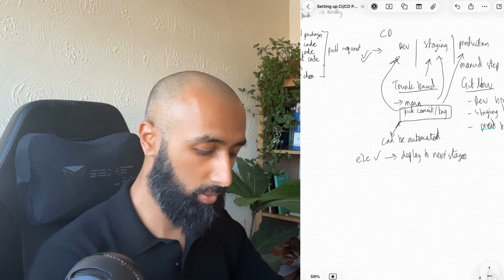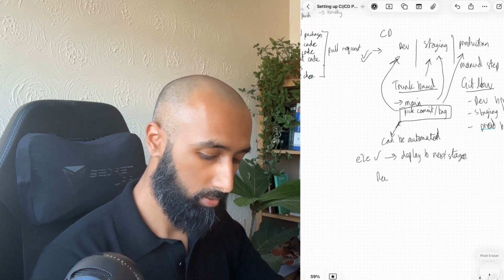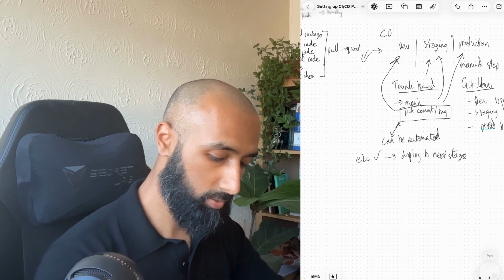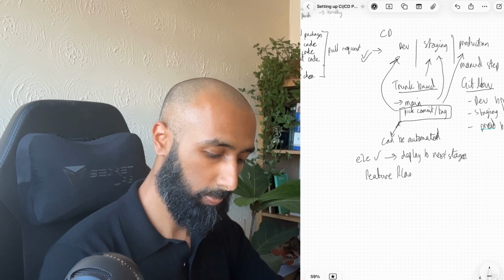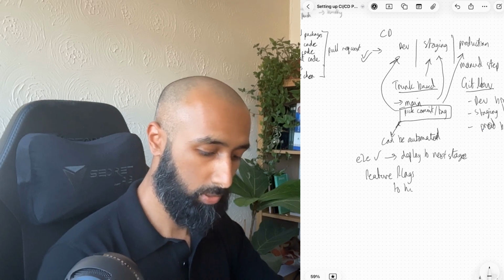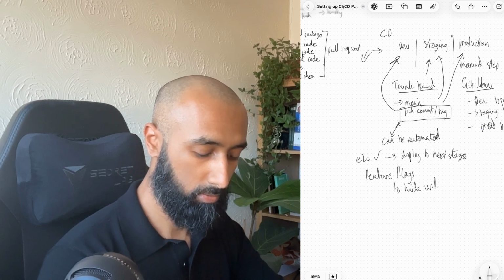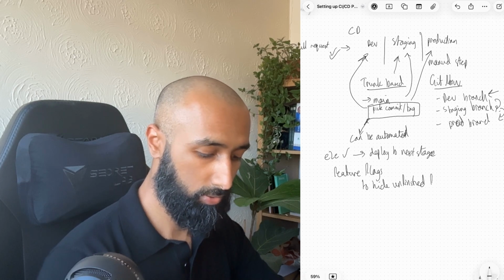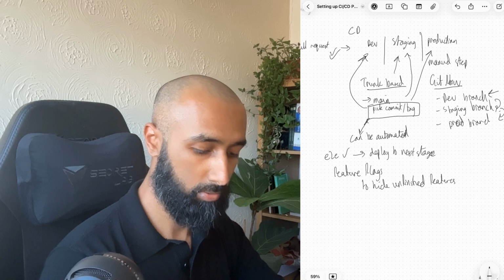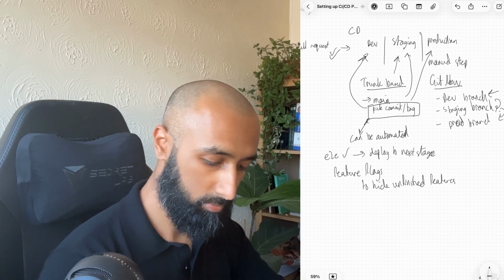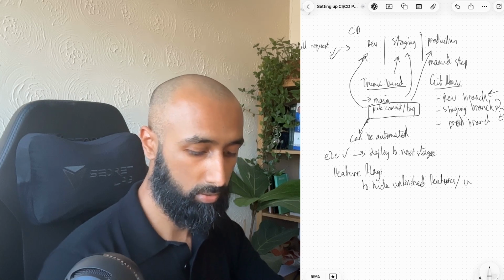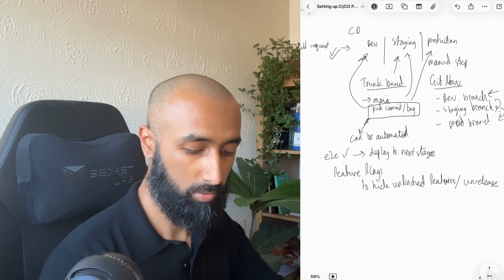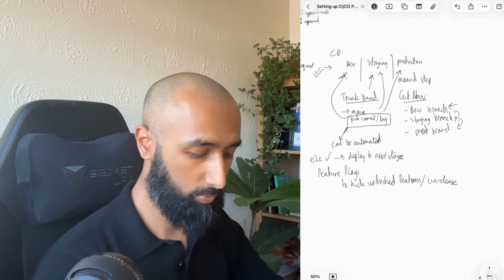What you'll end up doing is using some tech like feature flags to hide unfinished features or just stuff you don't want to release. So that's what you would use feature flags for.